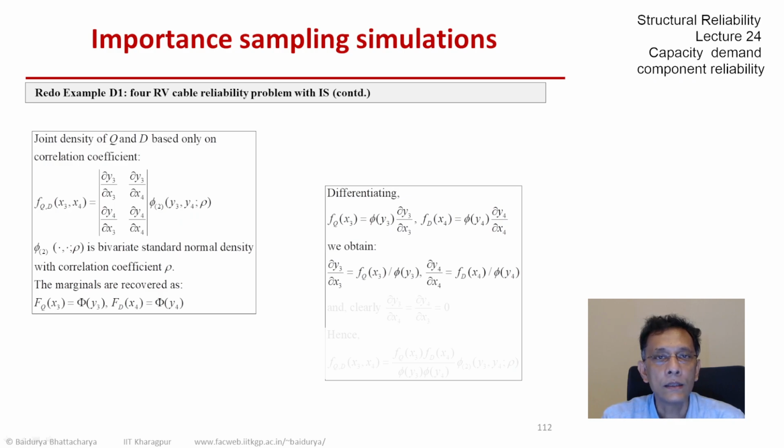So the Jacobian we are almost ready to solve. We recognize that the off-diagonal terms are 0.